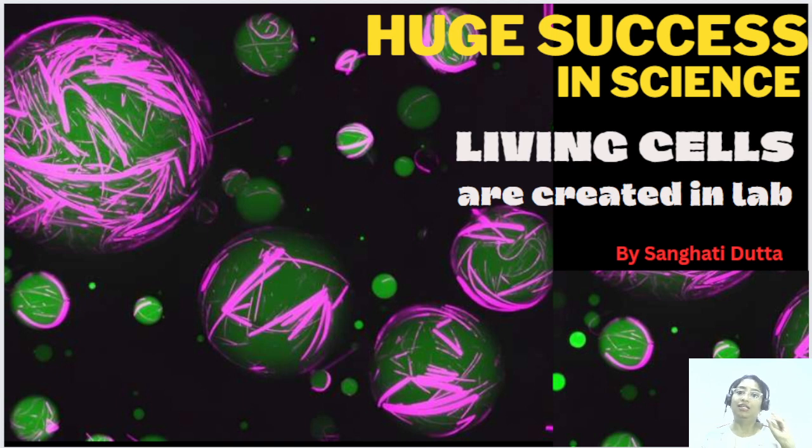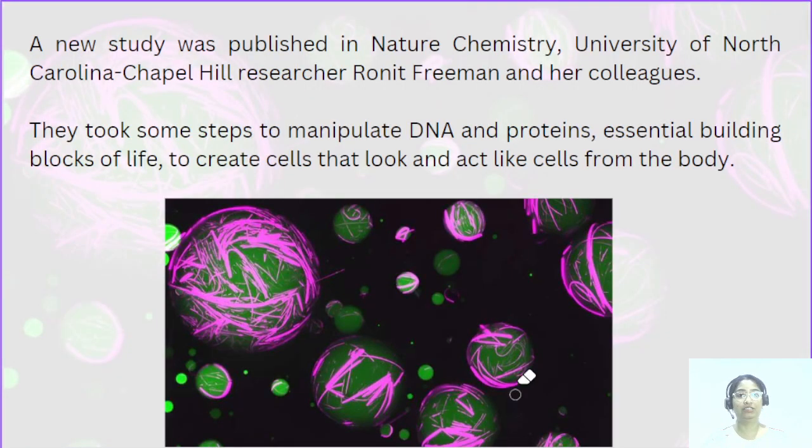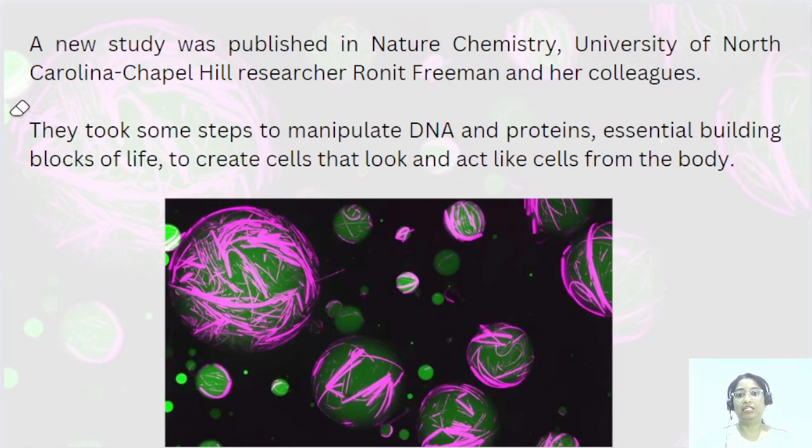So human beings are also able to create a cell, that too a living cell, in the lab. So let's check out this research paper. Basically, we can see that the researcher named Ronit Freeman with her colleagues from University of North Carolina Chapel Hill published her research in Nature Chemistry.